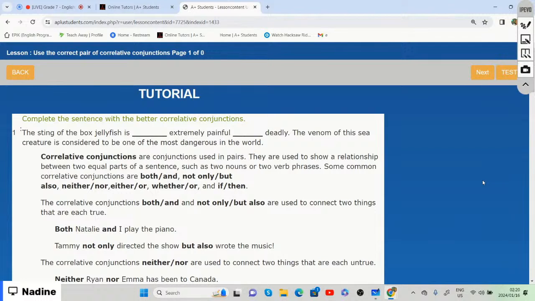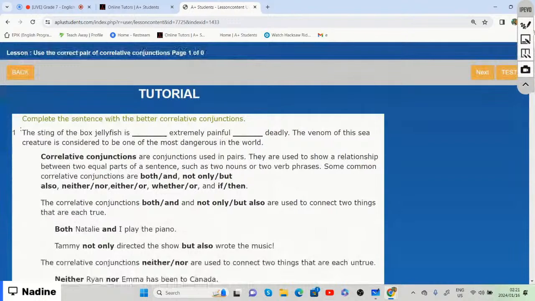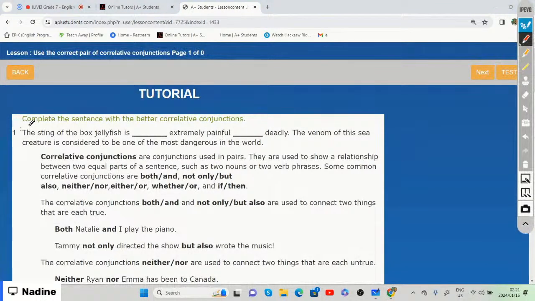So if we choose the correlative conjunction, the sting of the box jellyfish is both extremely painful and deadly.